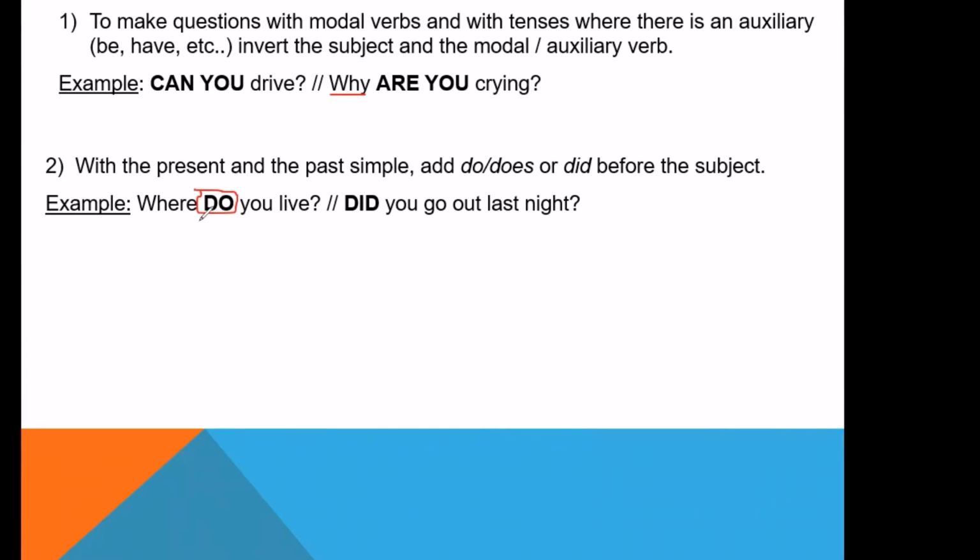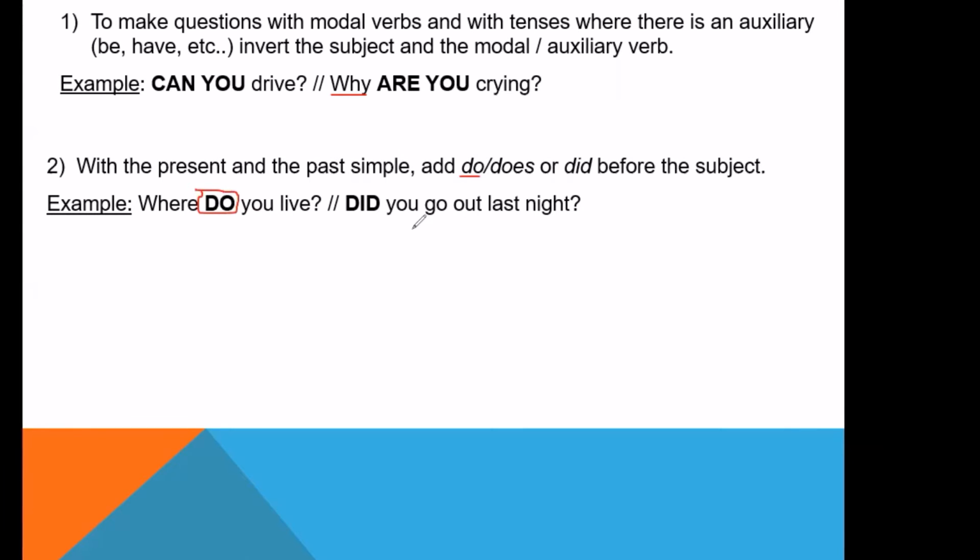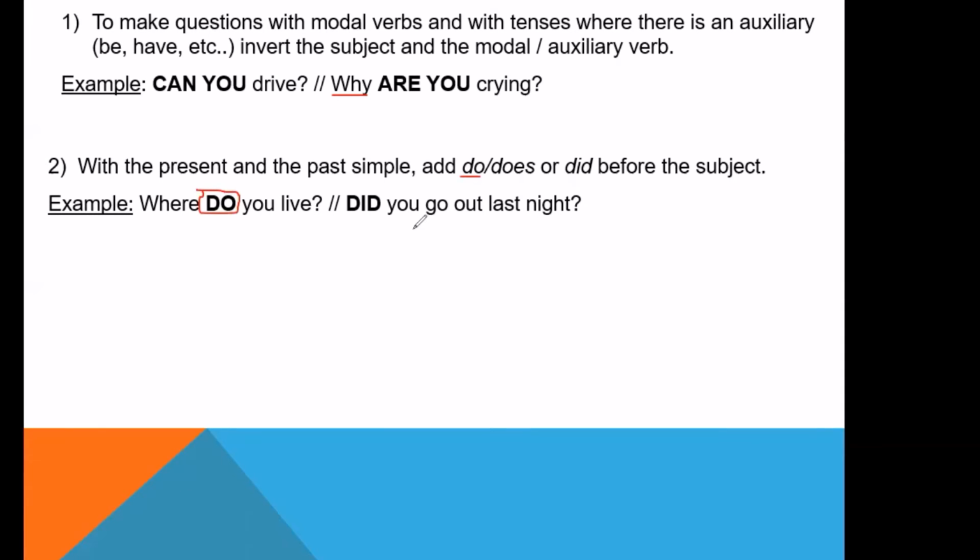So where do you live? Here I have a question in the simple present, so I'm going to use the auxiliary do. The auxiliary does I'm going to use when the subject is either a he, a she, or it. So where do you live?